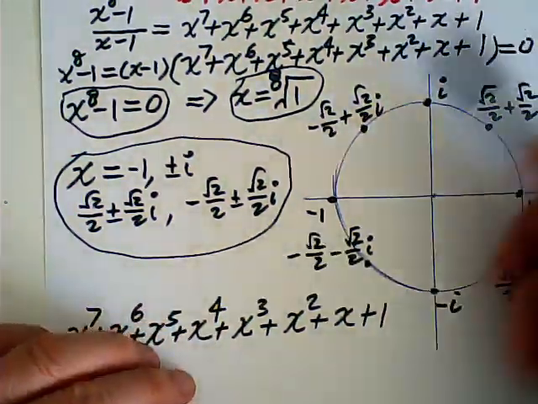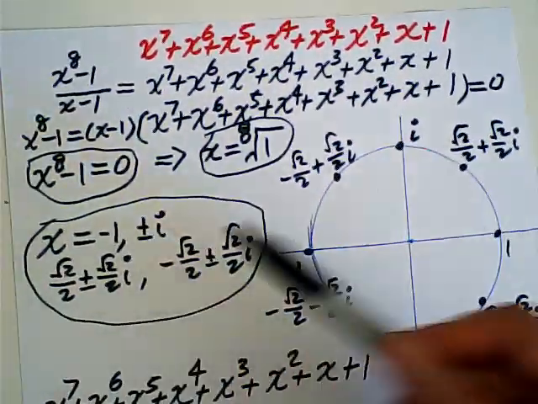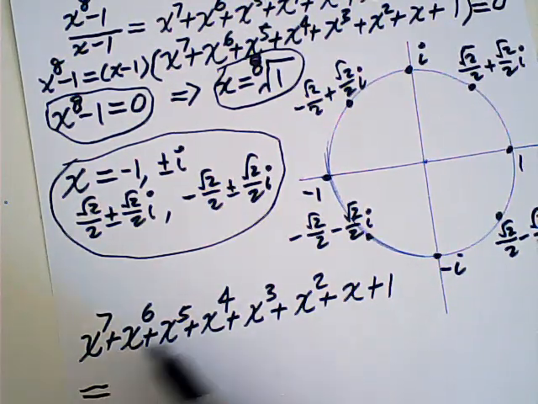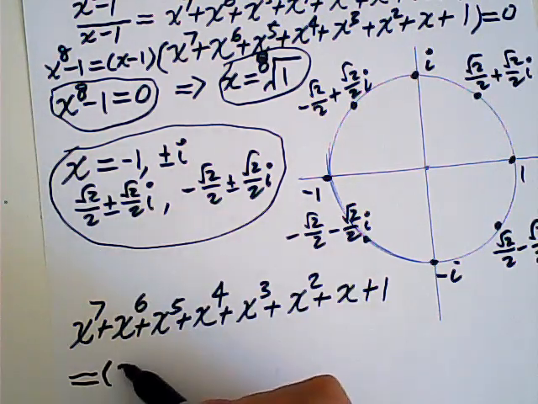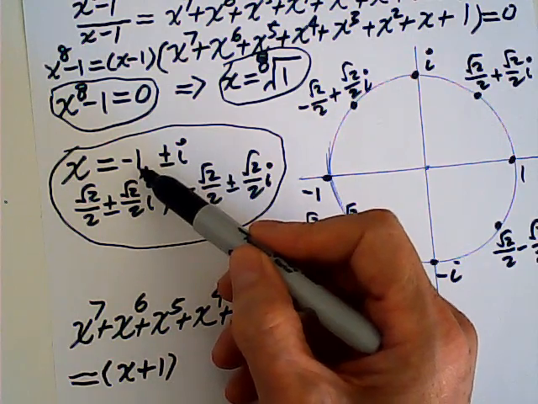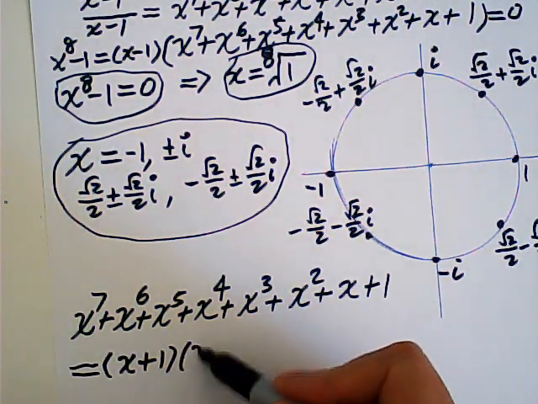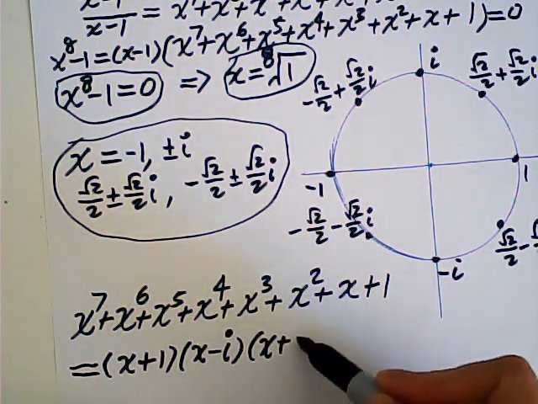Okay, so once you find the roots, the factors are very easy: x minus the root is a factor. So we want to factorize this polynomial, right? We just take x plus 1 will be a factor, because minus 1 is the root. Then x minus i is a factor. x plus i is a factor.